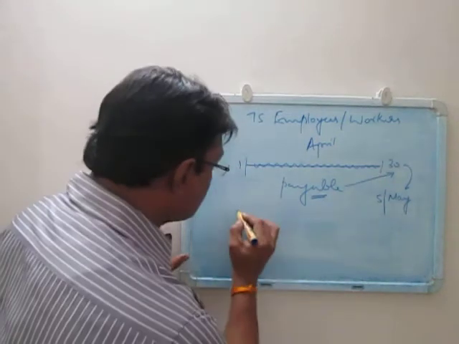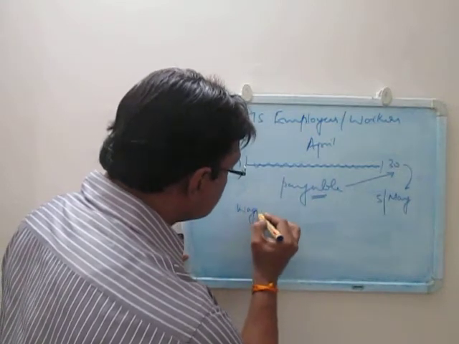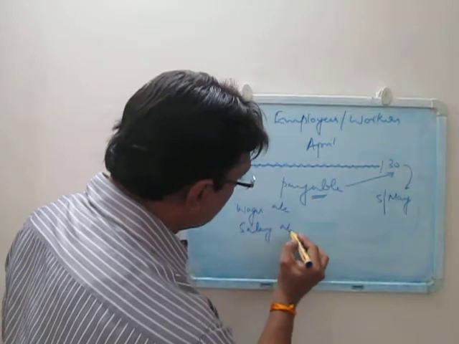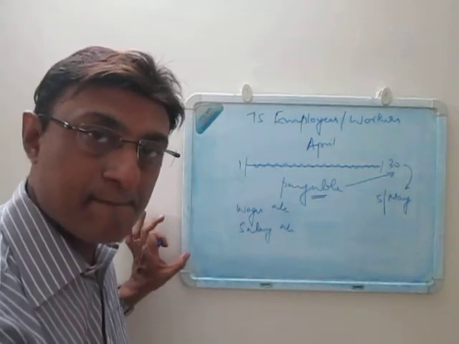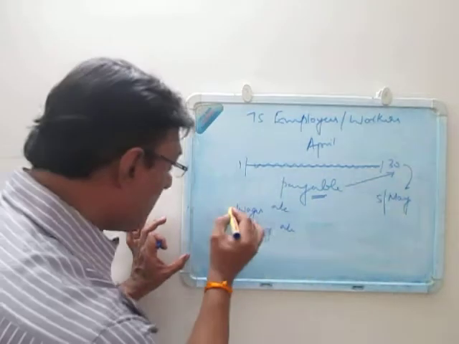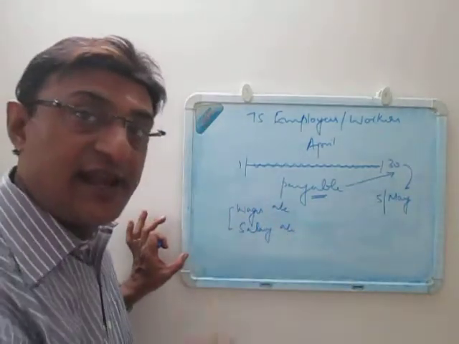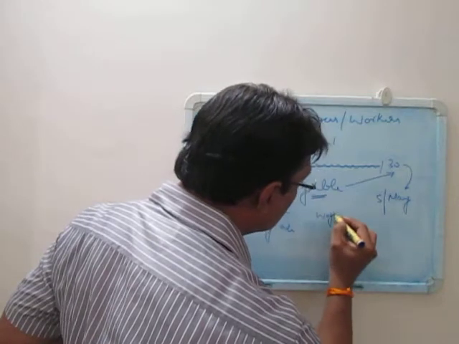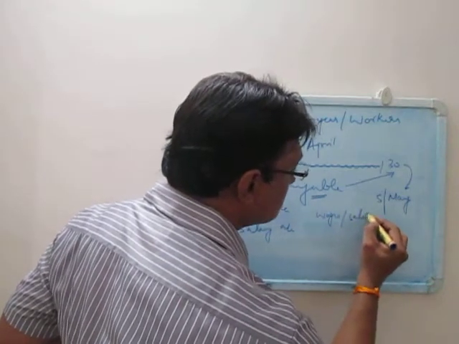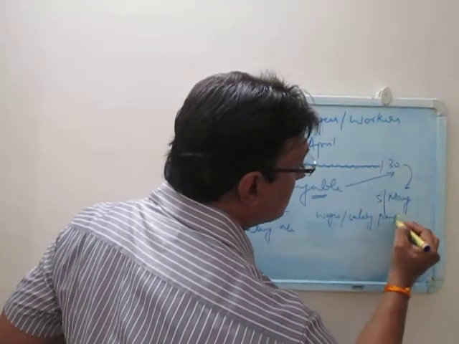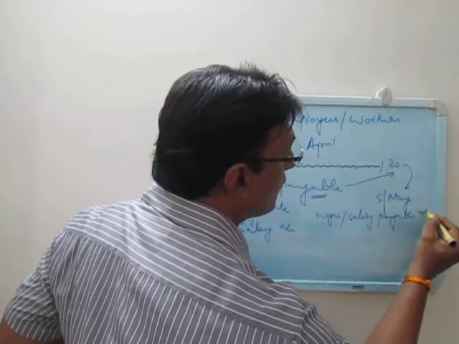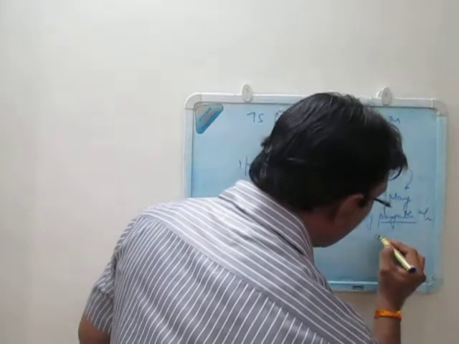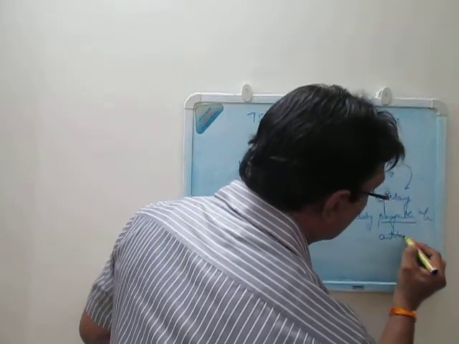One leg of the transaction is the wages account or the salary account. This is one leg of the transaction. The other leg of the transaction is wages or salaries payable account, also called wages or salary outstanding account.